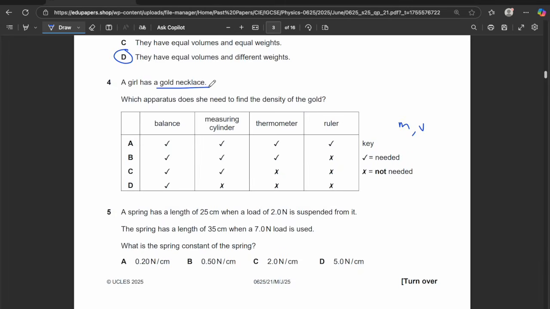We need a measuring cylinder with water. We need to use the displacement method to find the volume. So balance, measuring cylinder, we don't really need a thermometer or ruler, right? So only balance and measuring cylinder, so B, C.